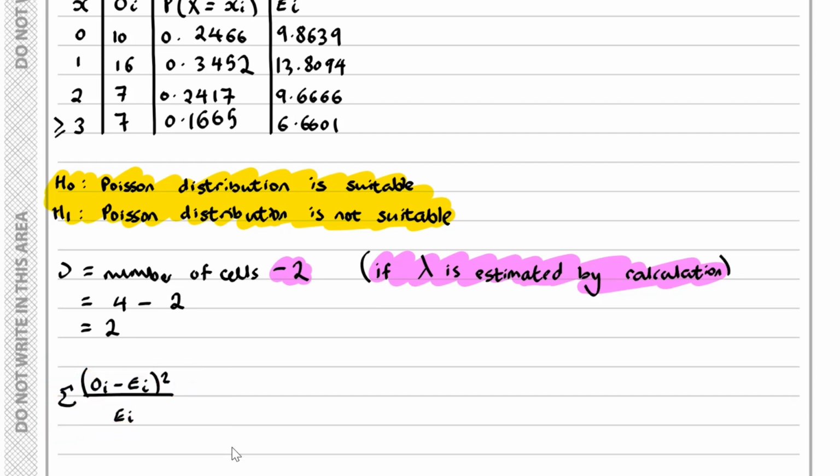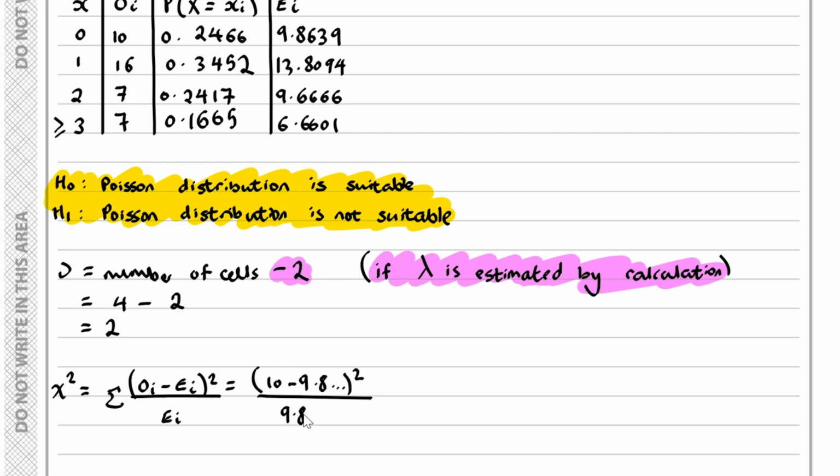Here we have chi squared, which is equal to this. So we have 10 minus the 9.8 etc. all squared over the 9.8 etc.